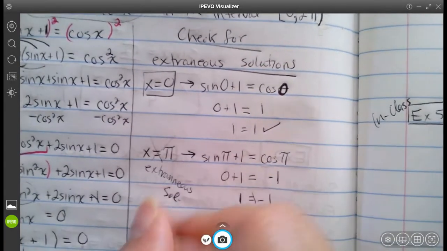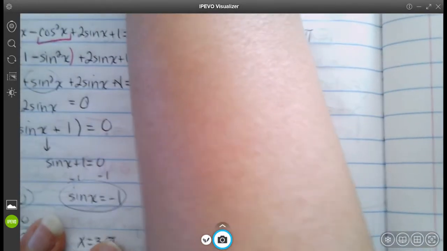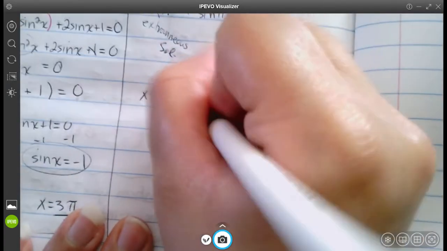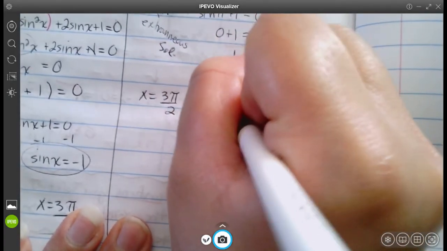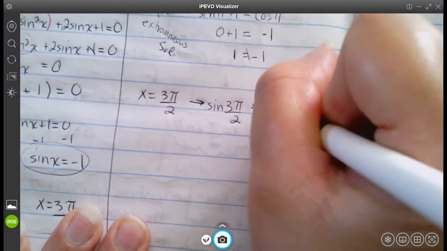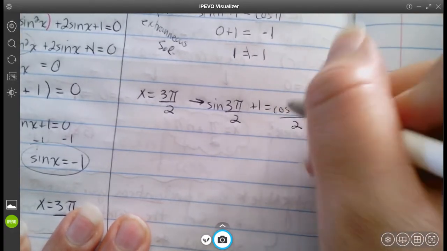Okay, so the last one I'm going to check is x equals 3 pi halves. Let me move this down a little bit. Same thing, we're going to plug it in. Sine of 3 pi halves plus 1 equals cosine of 3 pi halves.